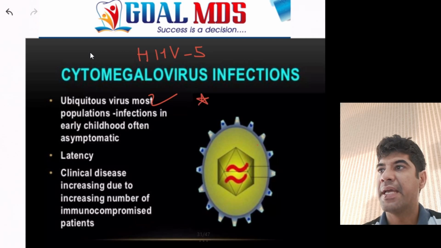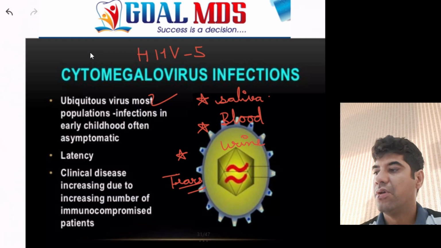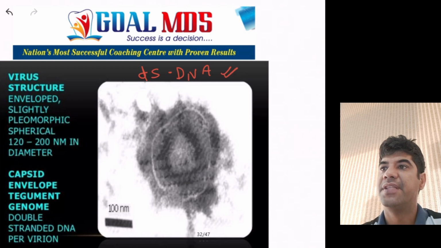Remember, this virus can be found in various body fluids like saliva, blood, urine, tears, etc. This cytomegalovirus is a type of herpes virus that contains double-stranded DNA, and it is known for its distinctive spherical capsid.